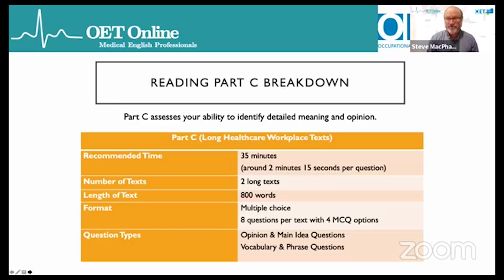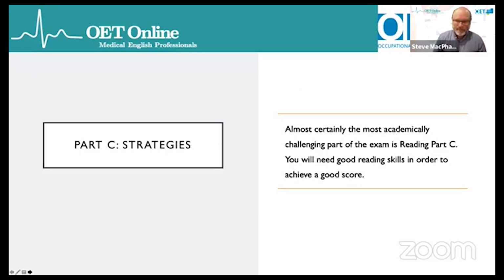In terms of question types, there are opinion questions and main idea questions. It's the most common. There are also vocabulary and phrase questions. Now, today we're not going to look at the vocabulary and phrase questions. We're going to look at the opinion and main idea questions. So let's look at some strategies.